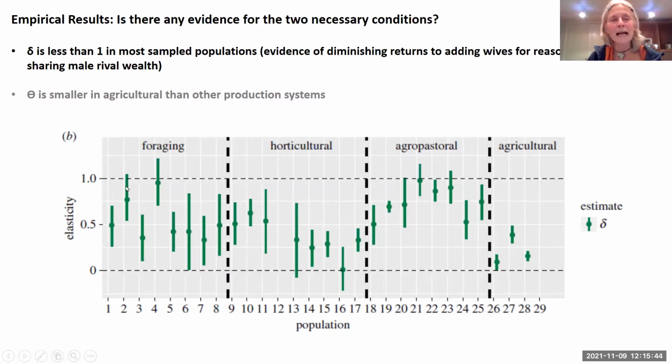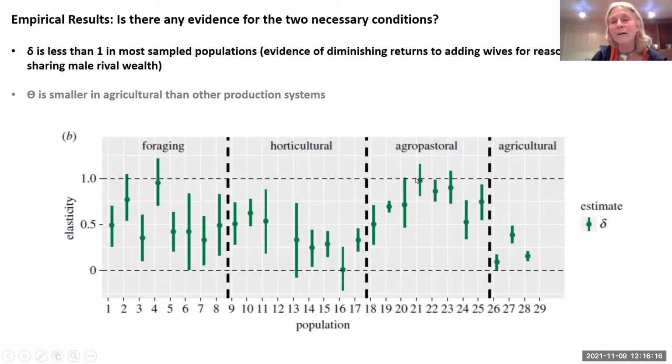The posterior density estimates of the elasticities do overlap 1 in 2 of the foraging populations. And actually both of these populations are where polygyny is actually serial monogamy. And so under these situations, there may not be such a cost, at least such a time cost, for women in sharing a husband.